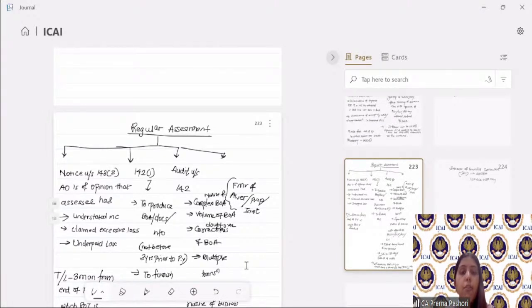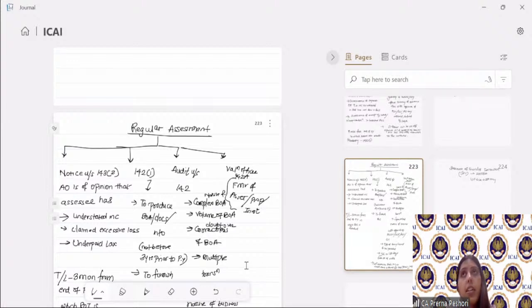Then for the purpose of determining the fair market value, the AO can make a reference to the valuation officer. This is under section 142A. AO can refer to the valuation officer. Is that clear? Then the valuation officer will estimate the value of asset, property, or investment.